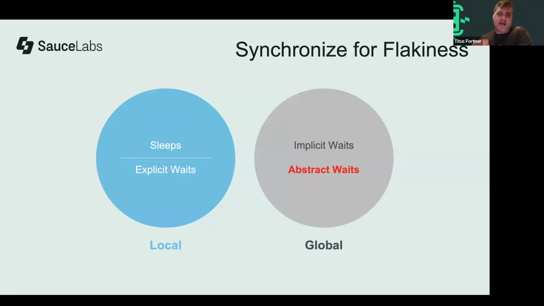So on the global side, I would much prefer a global solution to a local solution because you're making a change in one place and it applies everywhere and it provides a lot of value for the amount of energy you're putting into working with it. Implicit waits are a great idea. You set it in your configuration, in your capabilities. You set an implicit wait value of a certain amount, and it will wait.